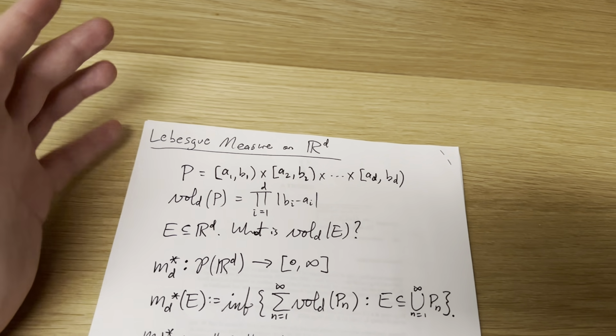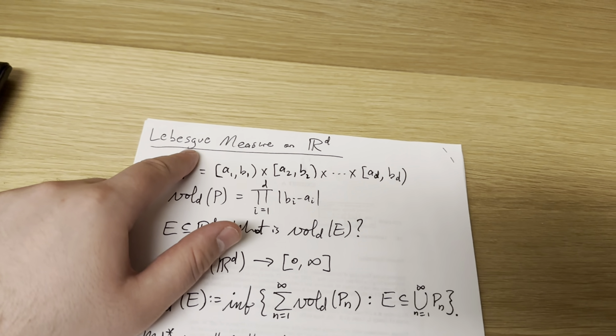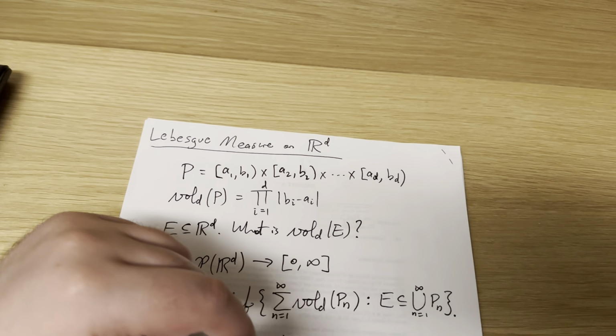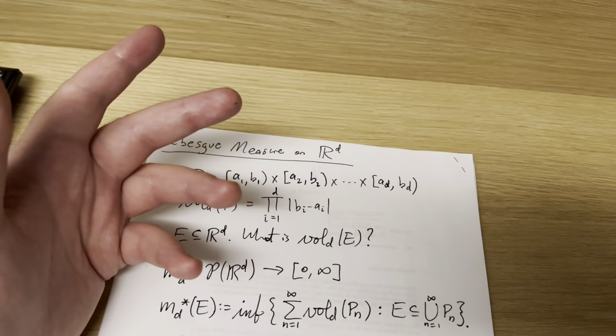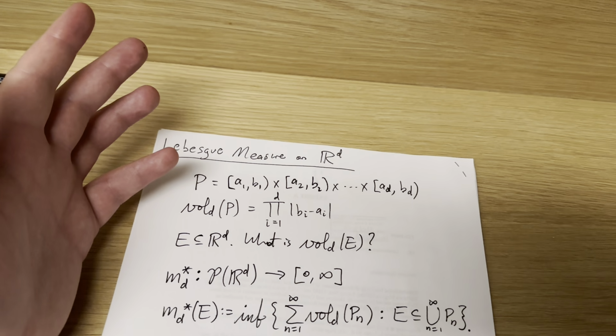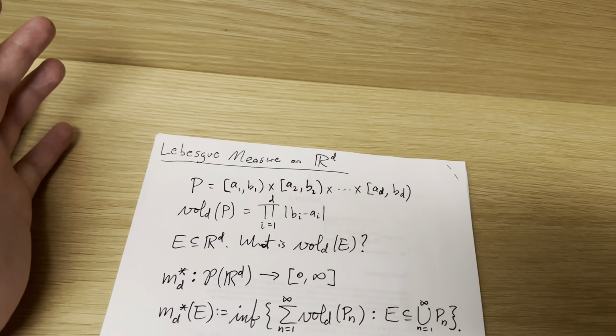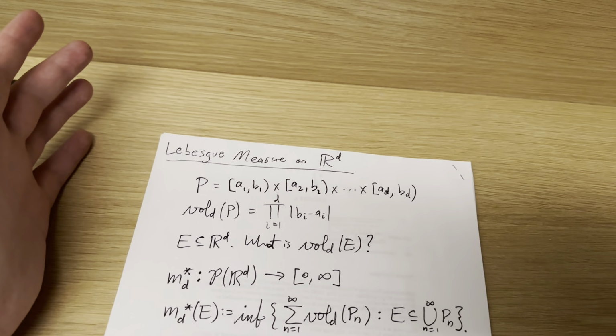So the idea here is that we want to take that notion of volume and abstract it, make it more powerful. Because, for example, if I was interested in measuring the set of rational numbers on the real number line, how would I answer that question? What would its length be?